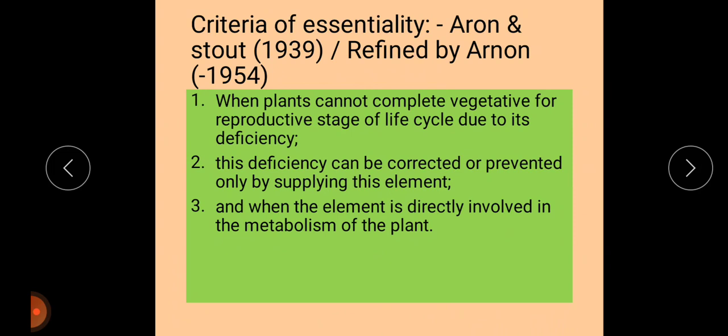The third is when the element is directly involved in plant metabolism, not only supplementary but also catalyzing metabolic activity. So these are very important criteria showing how important these different plant nutrients are in the plant body.